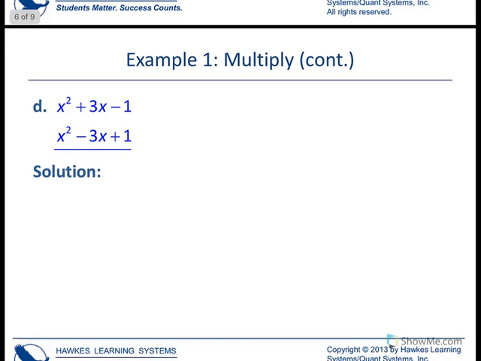Okay, here is another problem where you're going to multiply 3 terms by 3 terms. So we're going to take each of these terms and multiply it by the top, and then combine them together. So I'm going to rewrite them over here.